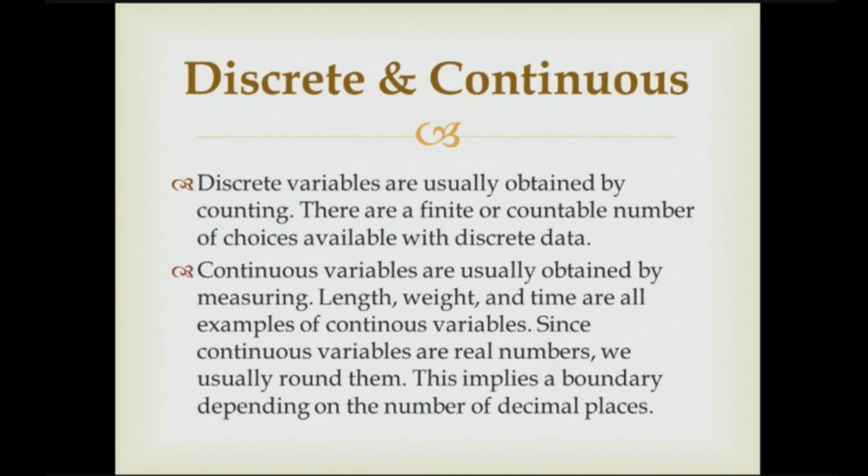There are a finite or countable number of choices available with discrete data. Continuous variables are usually obtained by measuring. Length, weight, and time are all examples of continuous variables. Since continuous variables are real numbers, we usually round them.